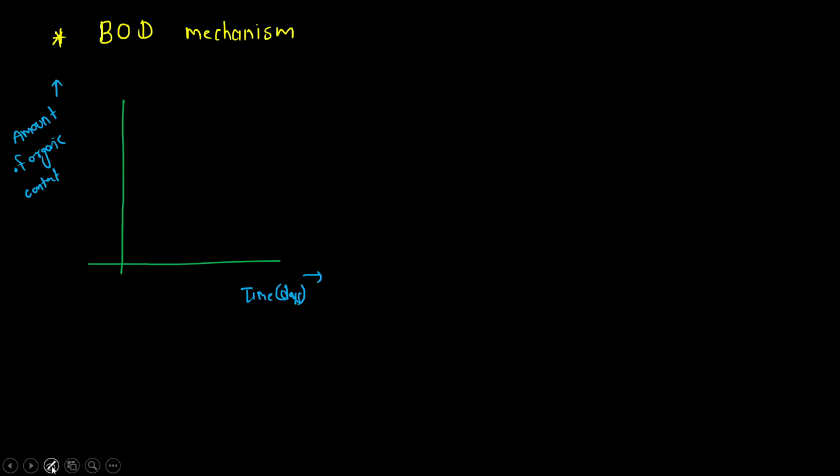Okay, so we have seen right now only that as the time passes, the BOD, or the organic content, decreases. So during the start, let's say the initial organic content, we are denoting it with L0. So this is the initial organic content.